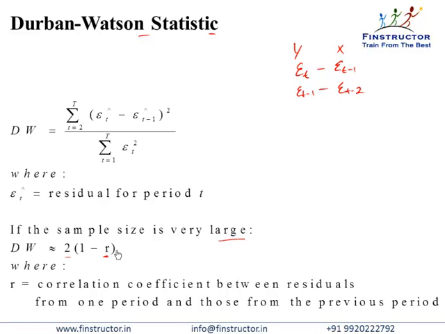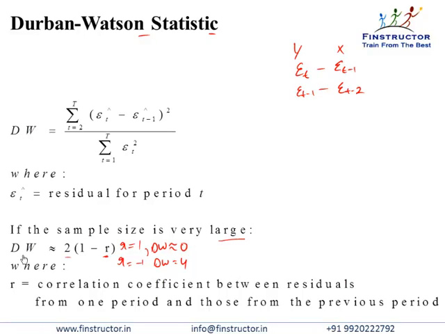Now please tell me, if there is a very high positive serial correlation, r will be close to 1, and the Durbin-Watson statistic in that case will be close to 0. If there is a very high negative correlation between the two series, then the correlation coefficient will be close to -1 and the Durbin-Watson statistic would be close to 4.